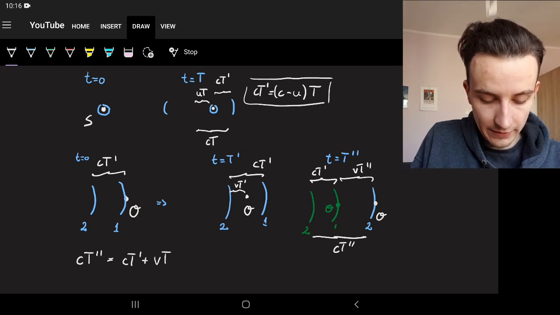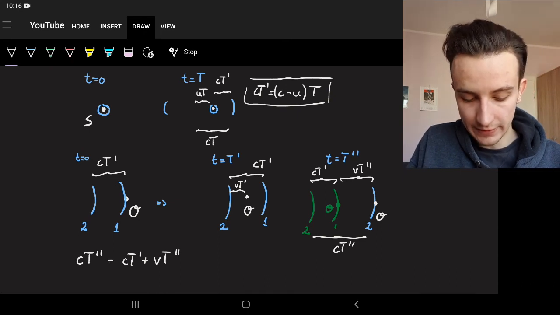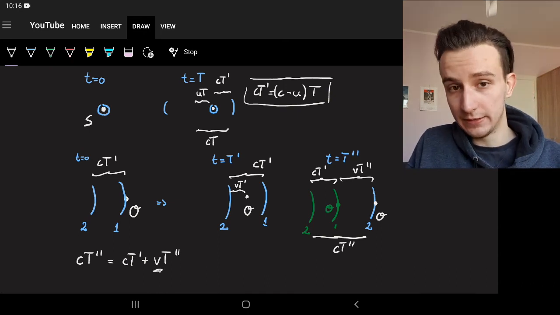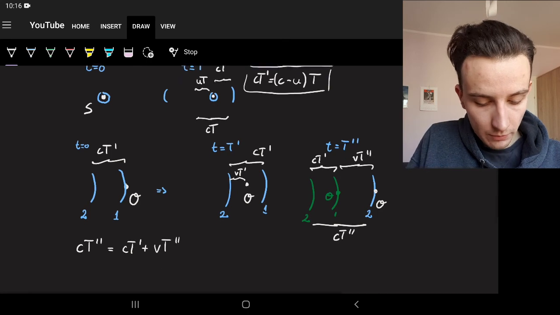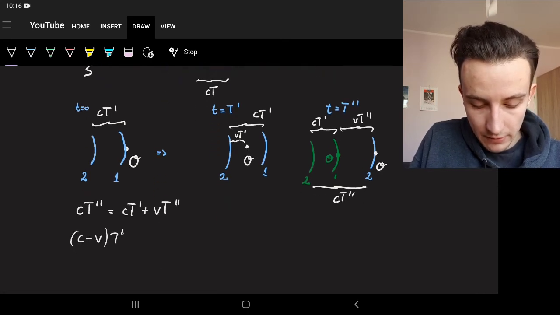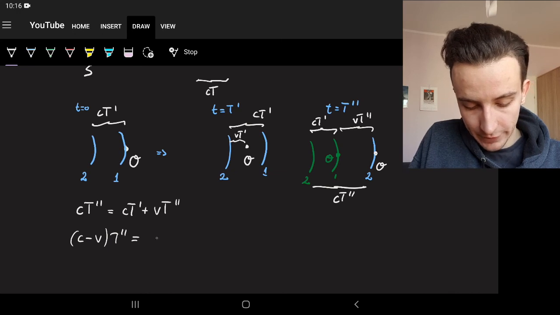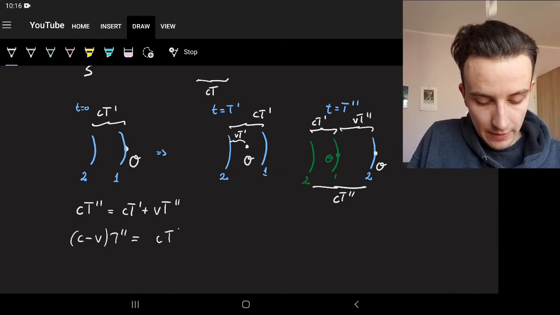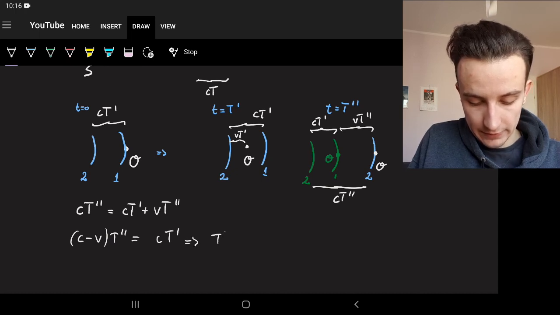The way I'm writing it means that if V is negative, then T second is less than T prime, right? Or, well, maybe let's group that together so that that's obvious. There we go, like that. And we can express T second as C over C minus V times T prime.